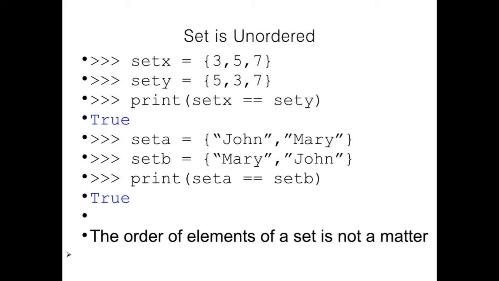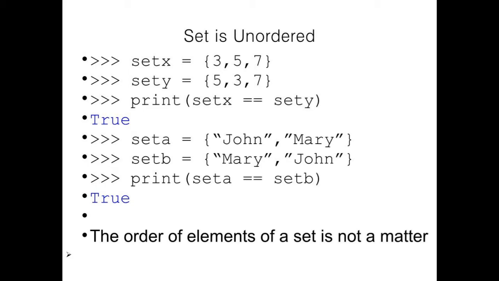Both set x and set y consist of three elements. For set x, it has three elements, 3, 5, and 7. For set y, it also has three elements, 5, 3, and 7. Note that the order of set y is slightly different from set x, and they have identical elements.